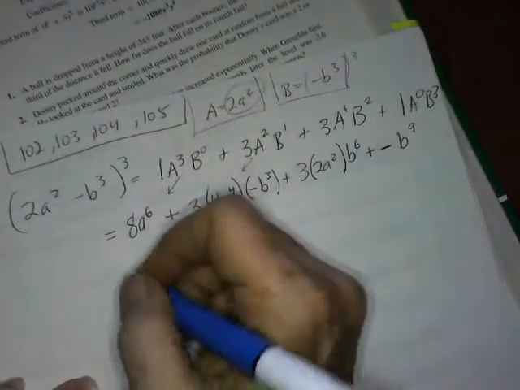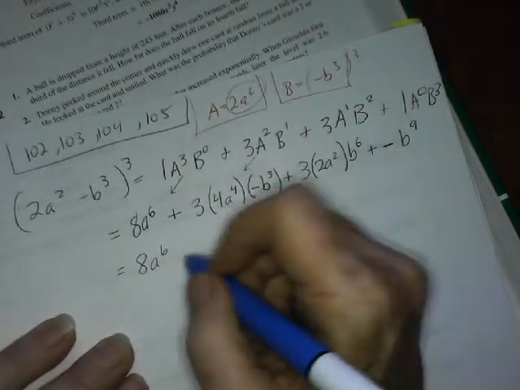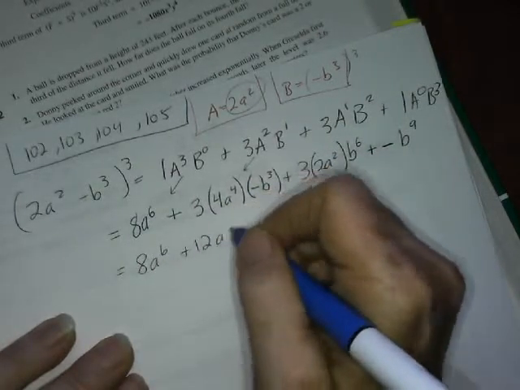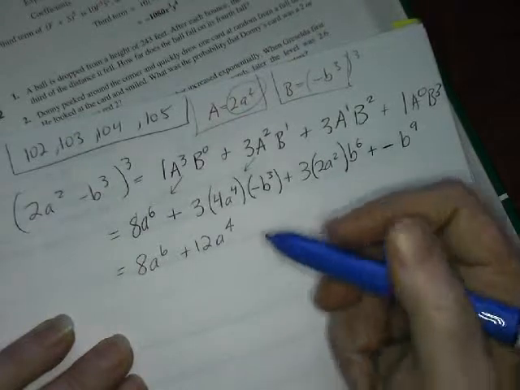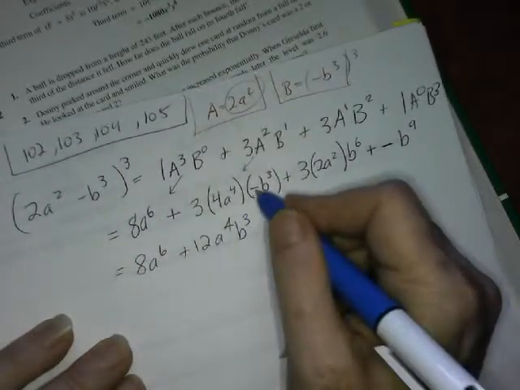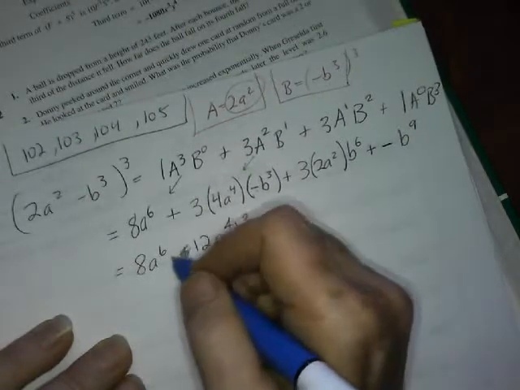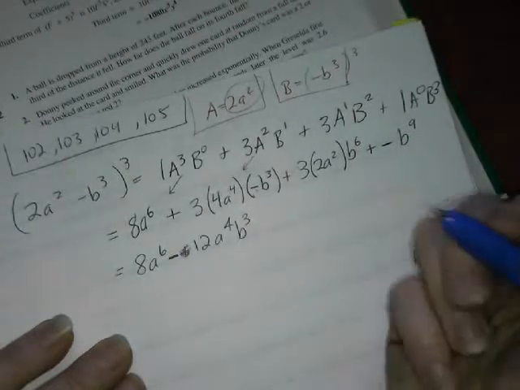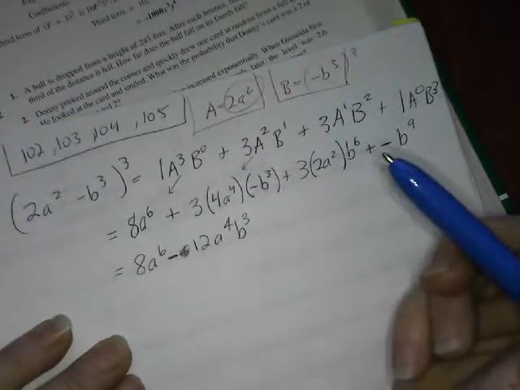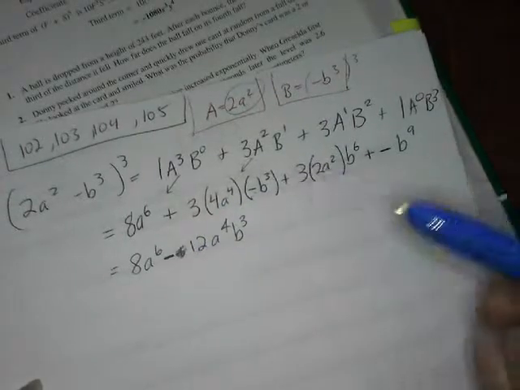Okay, so then we'll clean it all up. 8a to the 6th. 3 times 4 is 12. Oh, what am I doing? That negative sign, I want that to be negative. So messy. It looks horrible. Oh well. Hopefully you can read that right. Okay, so what's going on here?